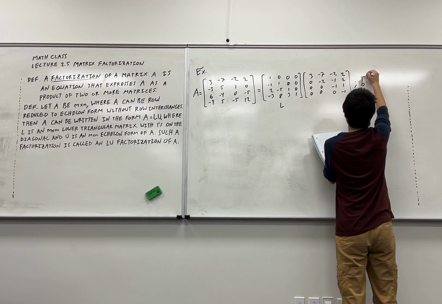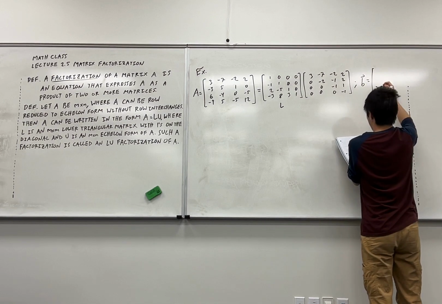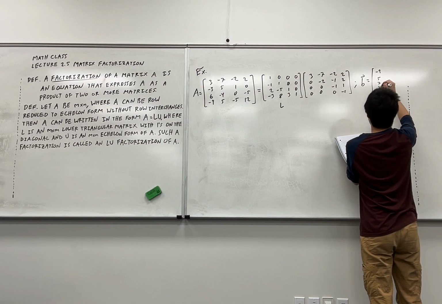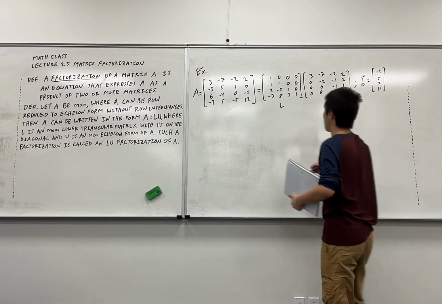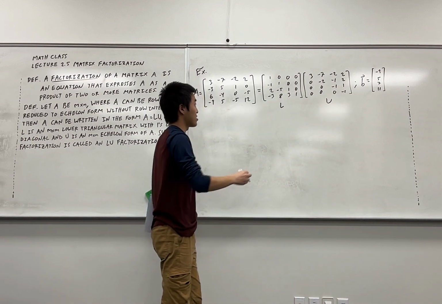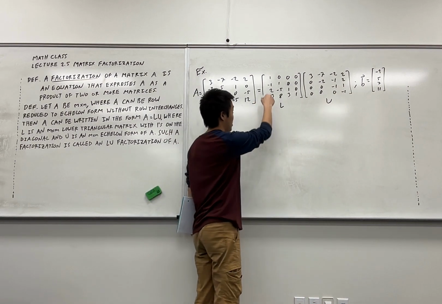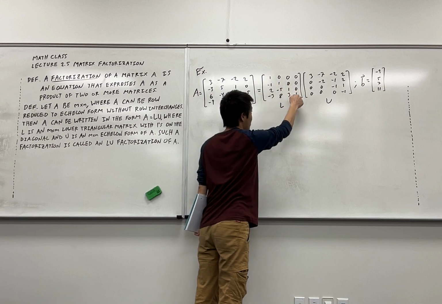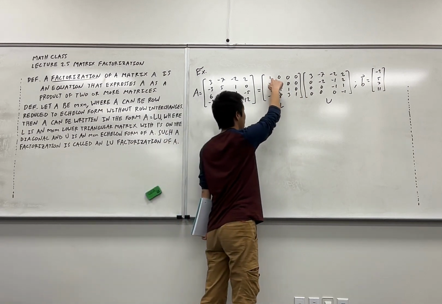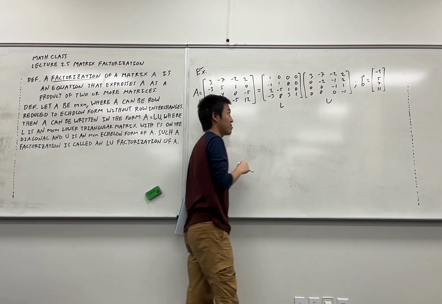And then let's define some vector b here: minus 9, 5, 7, 11. Okay, as a means of understanding the anatomy of this, all of my diagonal entries are what value in the L? 1. Are all of the entries above the diagonal 0? Yes.